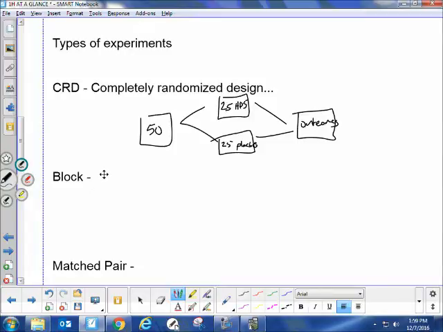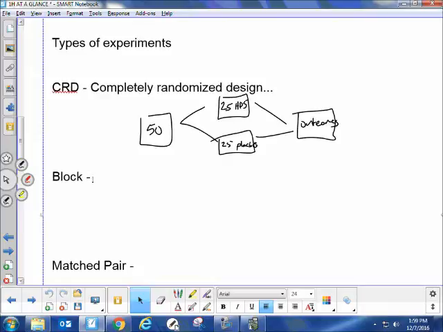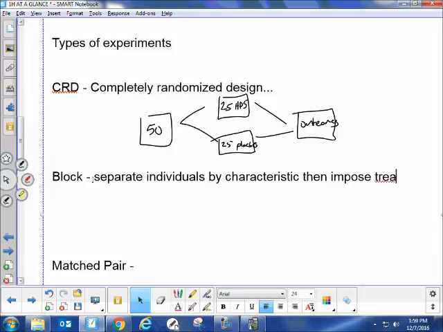We could do a block where we will separate them through some distinguishing factor. Maybe we want to look at HP5 for men versus women. So we'll separate our individuals by a characteristic, then impose our treatments using our CRD.